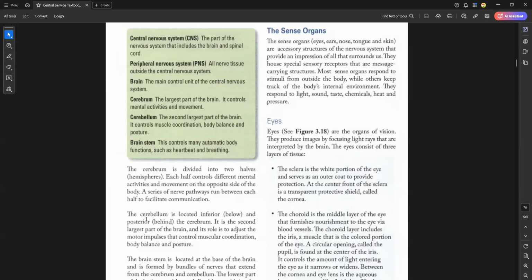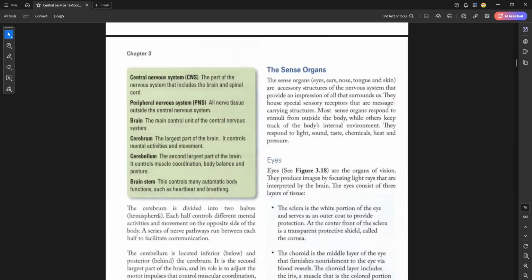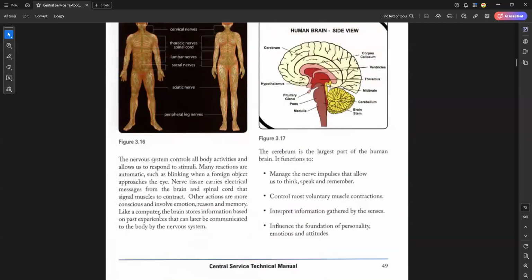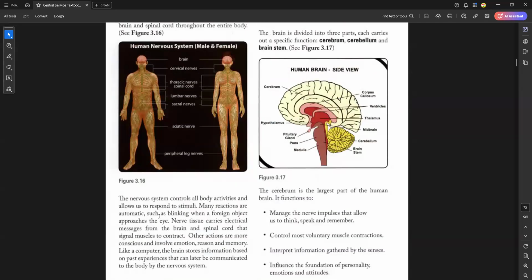You see the brain stem, the yellow thing there, and then look at the arrow. That is the brain stem. We have the medulla, and then we have the cerebellum, below and posterior to the cerebrum.